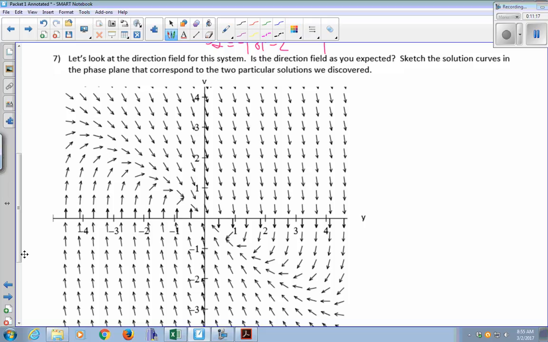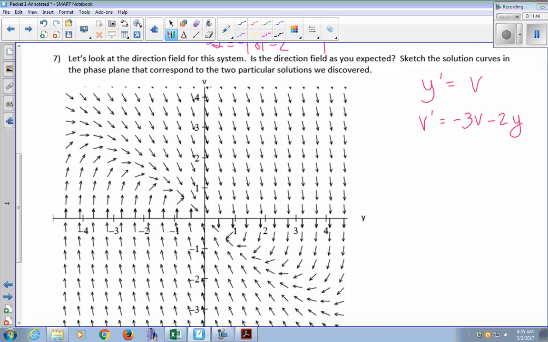So here's my direction field for this system. Here's a really annoying thing. It's very annoying to me anyway. When you take the damped harmonic oscillator and change it to a system, so that we did that earlier, we got y prime equals v, and v prime was negative 3v minus 2y, right?